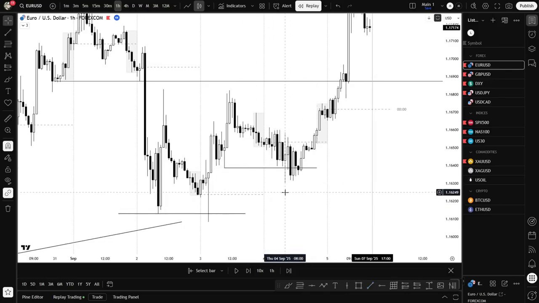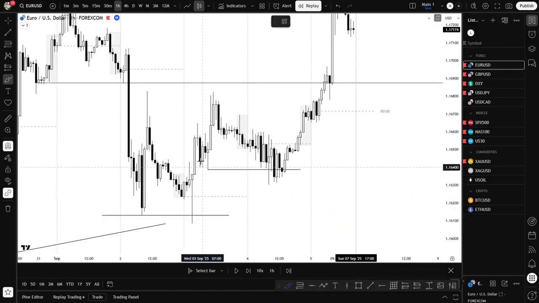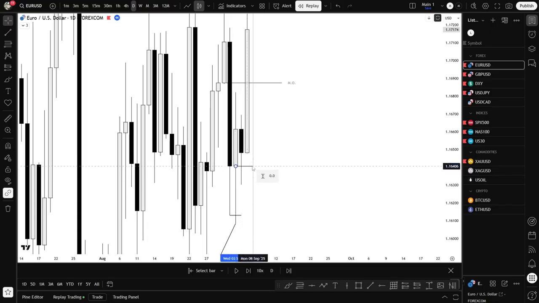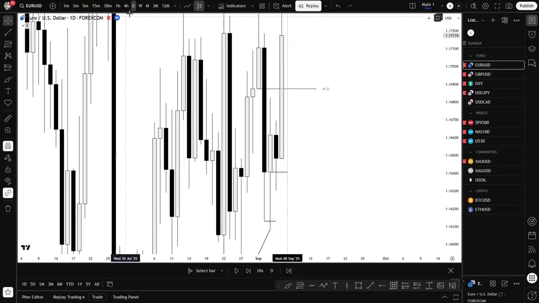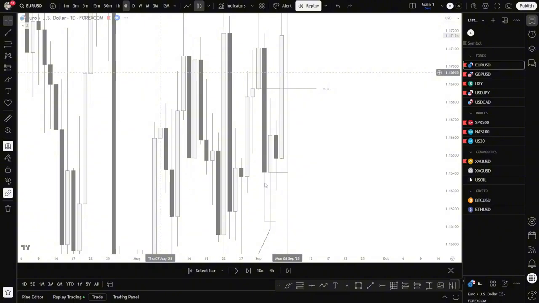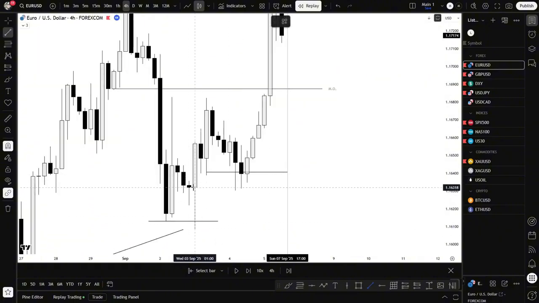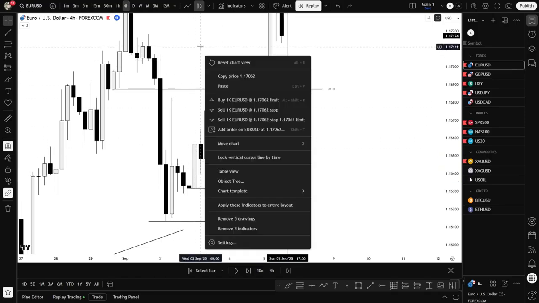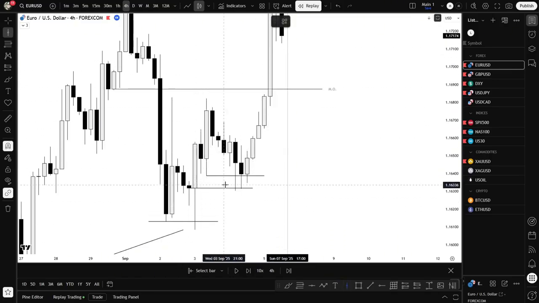So the liquidity pool, and we have time. The key level here is the daily rejection block. You can also use the 4-hour rejection block below the liquidity pool, the pre-liquidity pool, because the daily opens here.